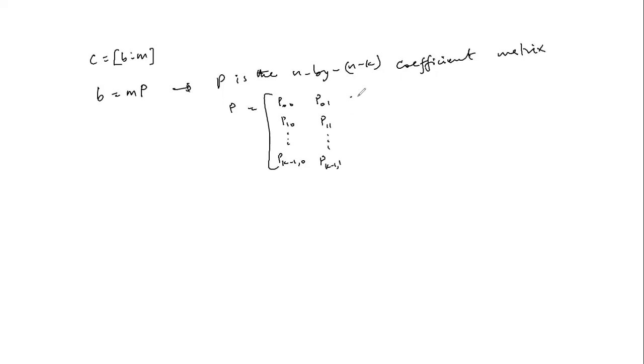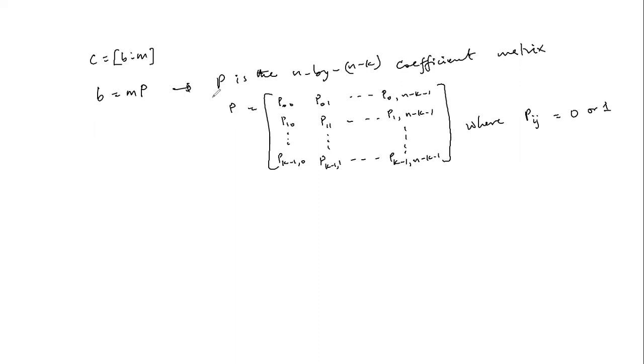You will have all of this, then P0 n minus k minus 1, and P1 n minus k minus 1, all the way to Pk minus 1, n minus k minus 1, where the Pij is either 0 or 1. Right?